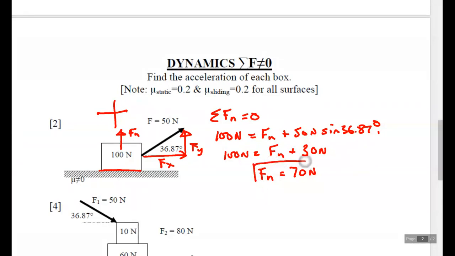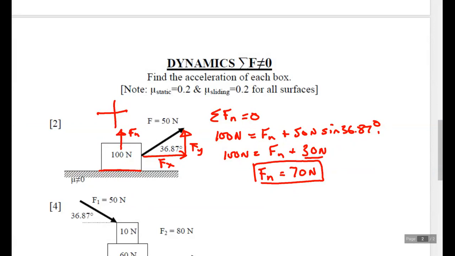Let's look at that again. The normal force is not equal to 100. And the reason why is that this applied force lifts the box up a little bit, because the applied force has a vertical component. The vertical component was 30. So the box doesn't press on the ground with 100. It presses on the ground with 100 minus 30.